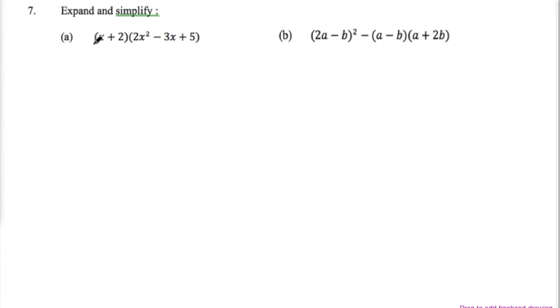In 7a, we need to multiply 2 terms by 3 terms. To do that, we take the first term in the first brackets and multiply it by every term in the second brackets. Next, we take the next term, which is 2, and multiply by every term in the second bracket.